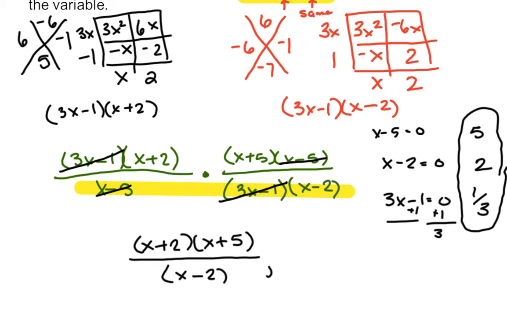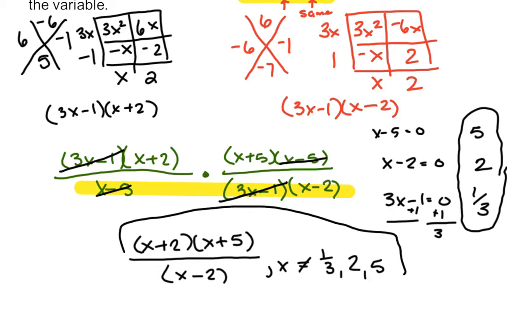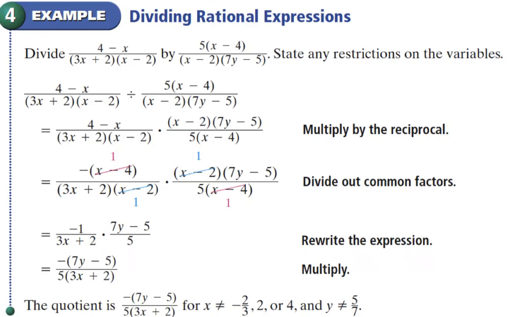And the restrictions are x cannot equal 1/3, 2, or 5. And this would be your answer. Okay, one more example and then we're done with this section.